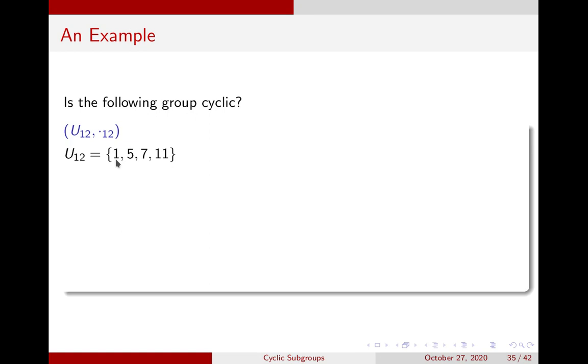Actually, I can skip one. The cyclic subgroup generated by the identity will be just the identity. So we're going to find the cyclic subgroup generated by A for each A in U12 and see if any of those is all of U12.